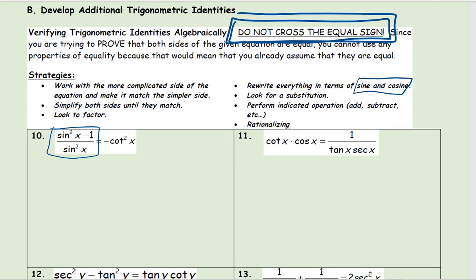Remember from yesterday that when you have something squared and you have a 1, start thinking Pythagorean identity. In fact, sine squared x minus 1 is equal to negative cosine squared x. All we did was find that sine squared x minus 1 is equal to negative cosine squared x due to the Pythagorean identities.